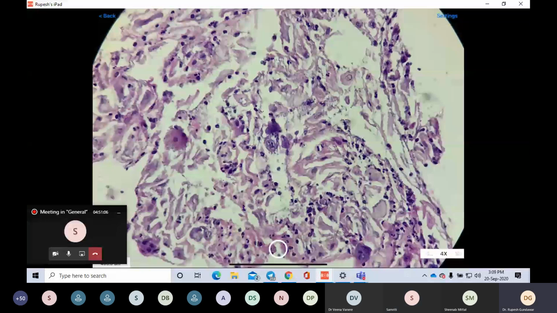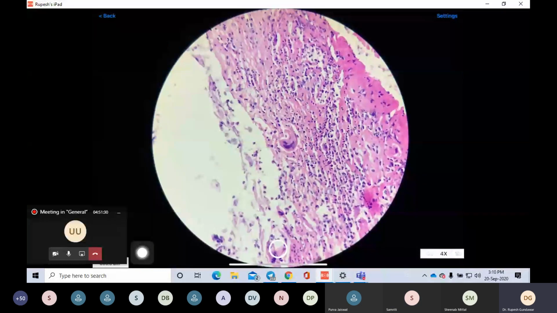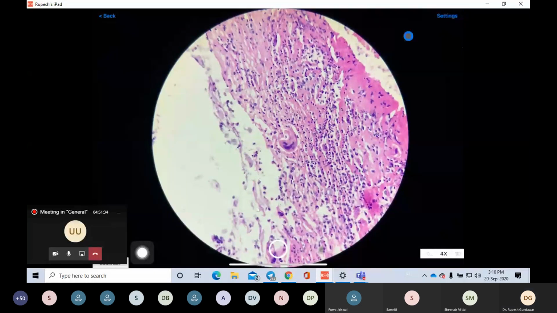This is very characteristic. Fungal infection. See this one, this one I am showing. I just want to show the bit. This one.